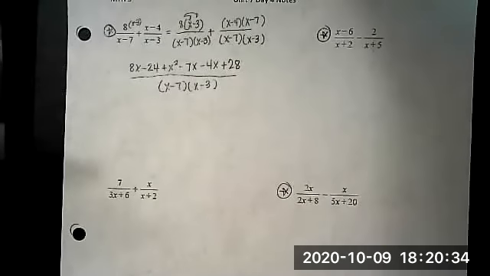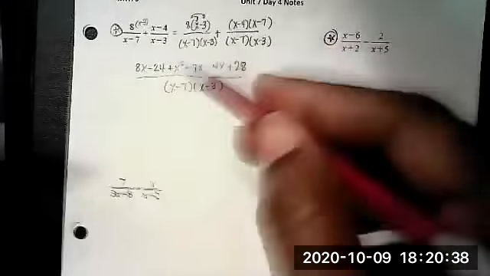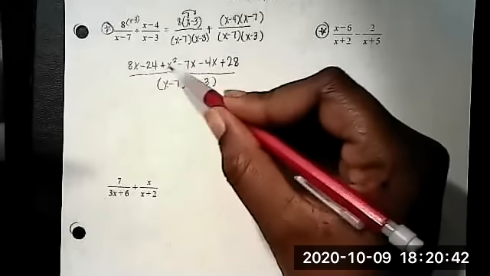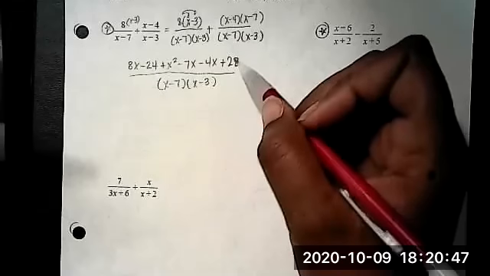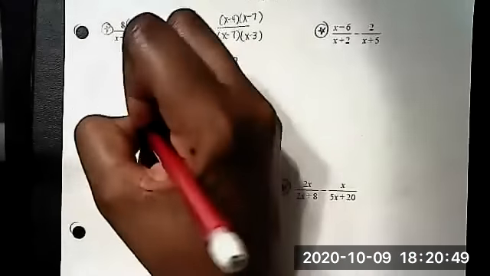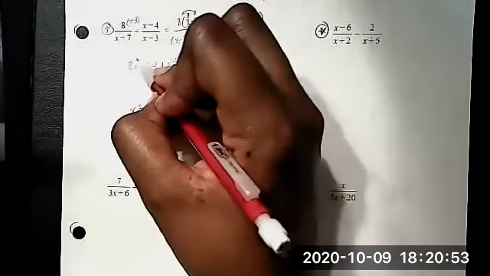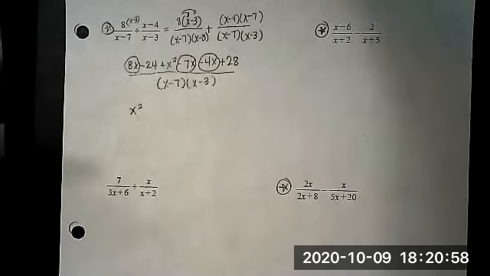Perfect. So now up here we can combine like terms. I like to put the highest degree first, so of course this x squared is going to go first, and the last number is going to be the 28 because it's the zero degree, the constant. I'm going to combine like terms: 8x minus 7x minus 4x. 8 minus 7 minus 4 becomes negative 3x.